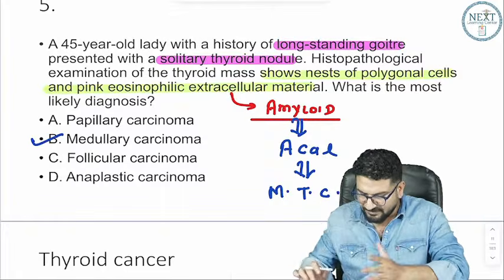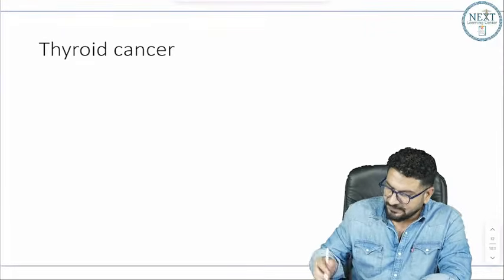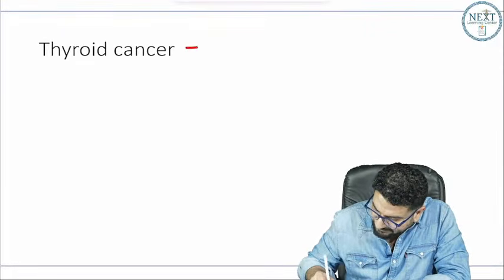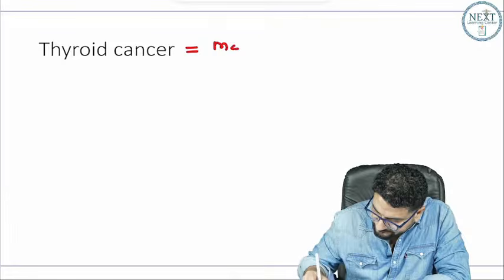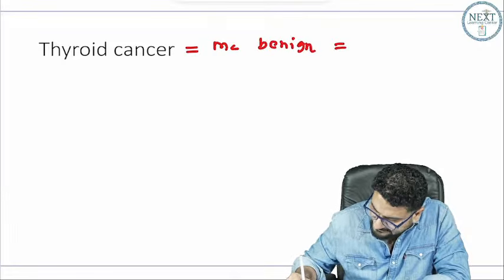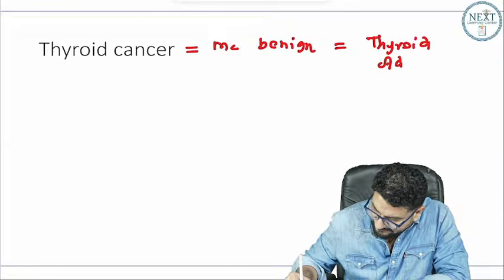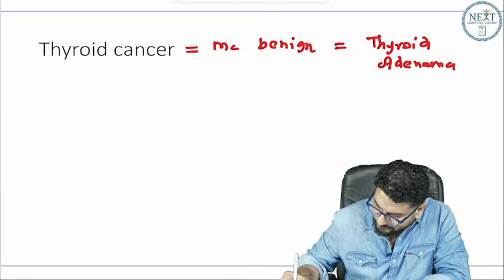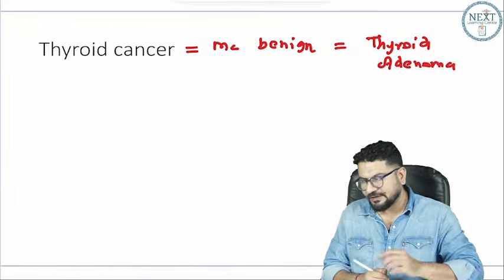So here we will talk about all the different thyroid cancers. If you ask me what is most common benign tumor of thyroid, most common benign tumor will be thyroid adenoma. But nobody is interested in asking about benign tumor. So they ask you questions on malignant thyroid tumor.